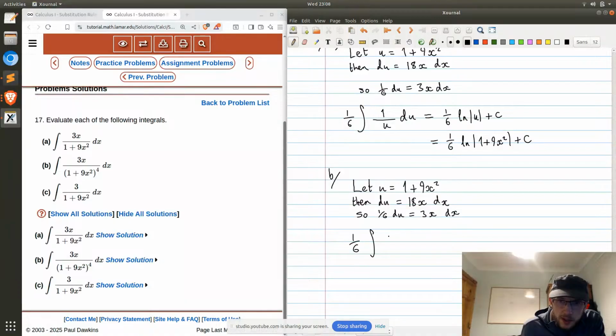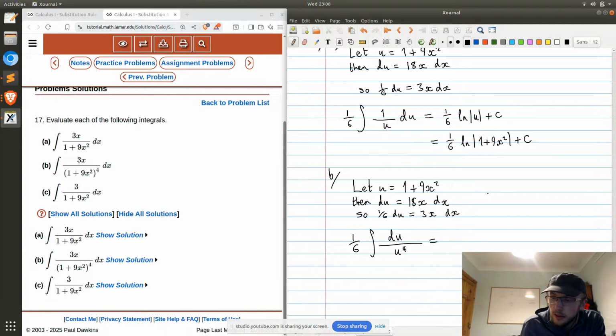It becomes 1/6 du over u to the 4, which is u to the -4 plus 1 to the power and divide through by that.